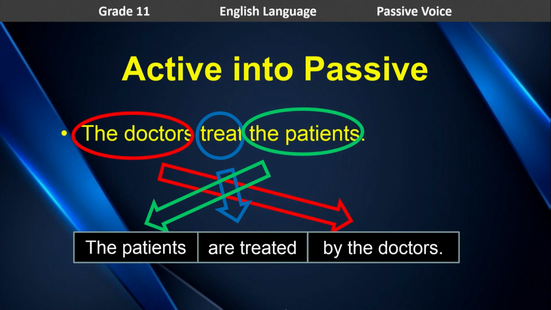Children, you might ask me why I have used are treated in the passive voice sentence. That is because the active voice sentence is in the simple present tense. When you convert an active voice sentence in simple present tense into the passive voice, you have to use is, am, are plus the past participle.